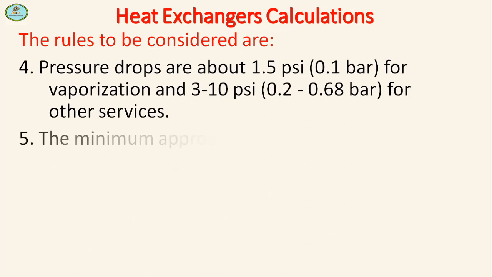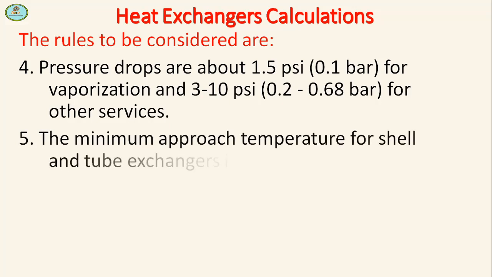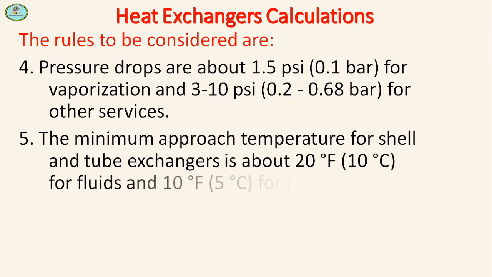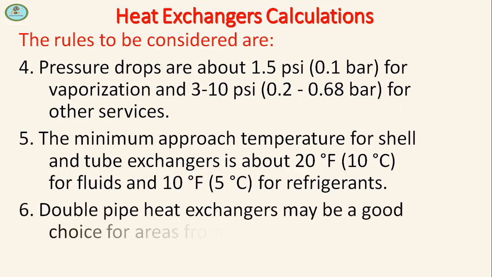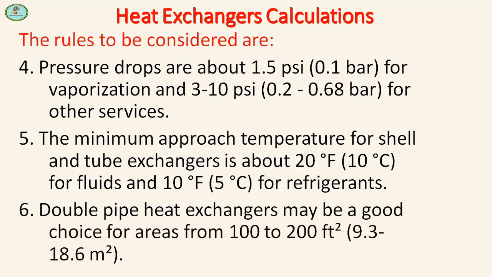Fifth, the minimum approach temperature for shell and tube heat exchangers is about 20°F for liquid and 10°F for refrigerants. Sixth, double pipe heat exchangers may be a good choice for areas from 100 to 200 square feet.